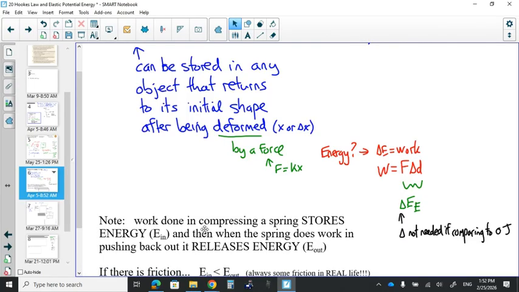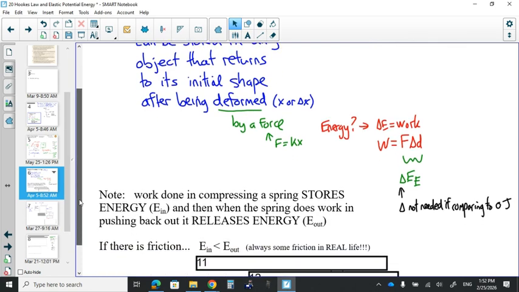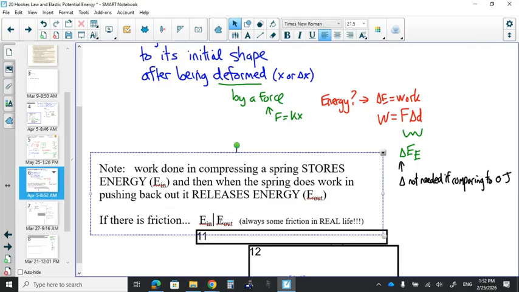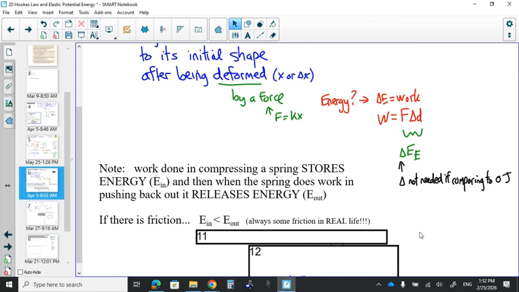So if you're compressing a spring, you're storing energy, and then when the spring releases, it's letting that energy back out. If there is friction, which of course there always is in real life, the energy you get out is going to be a little less than the energy you put in.